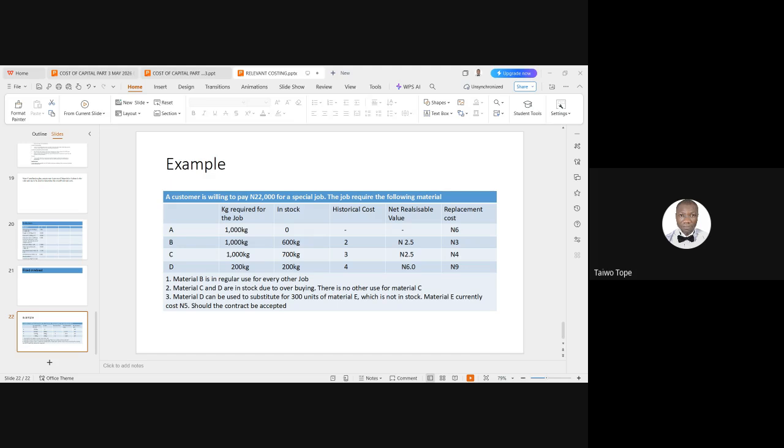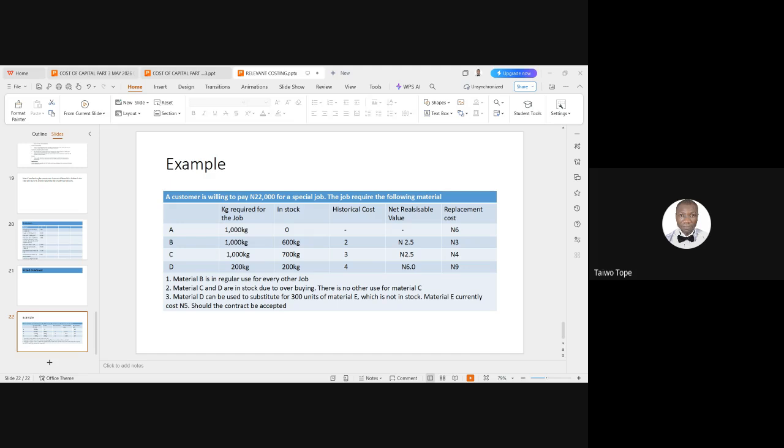That is the opportunity cost of using it in this particular production, the sacrifice you are making. So the remaining 300 will be at what? Current price, the replacement cost of 4 naira.